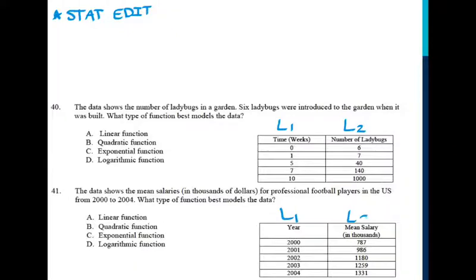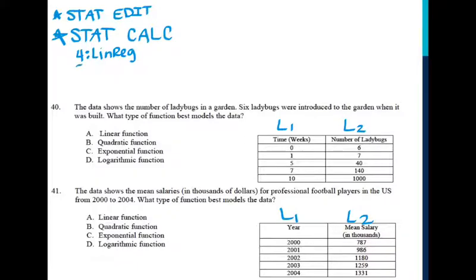Now what you're looking at is different types of regression. Once you have the data in there, you're going to hit Stat and select Calc. You're looking for linear regression, which is number 4.